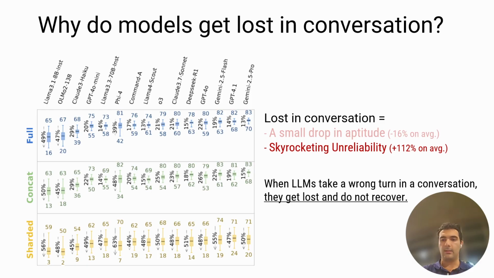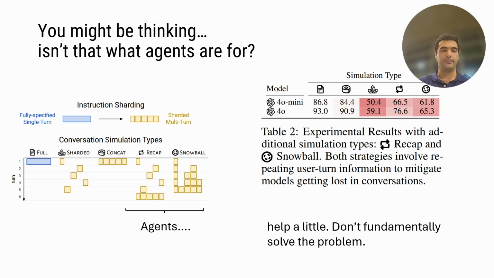On the other hand, if you simulate enough times, as long as there is one path where it makes no mistakes at every turn and is able to keep track of things, then it's able to succeed. So that's the reason why the gap between aptitude, which is best case, and the worst case performance, which measures unreliability, stays large in the multi-turn setting.